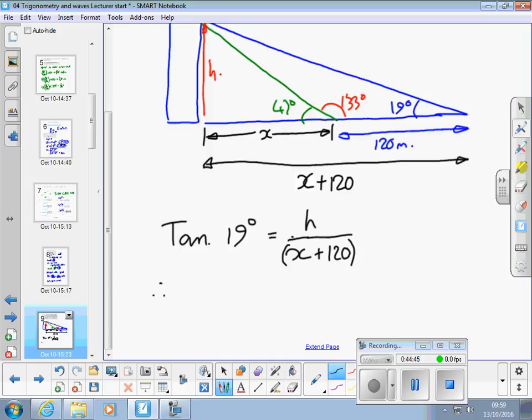Yeah, so we can write this as h is equal to tan 19 degrees times x plus 120. Okay, so we've got one expression for h now, but we've got an unknown variable of x in it.